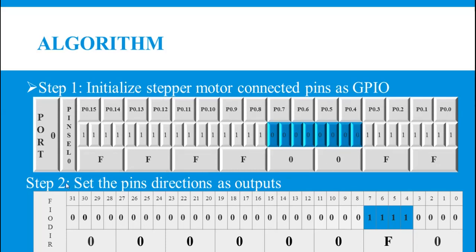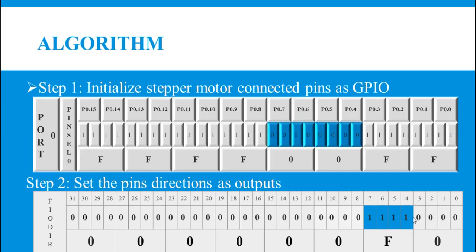Now after configuration of the selected pins as GPIO, you have to set the direction. Here all 4 pins are output pins. Thereby you have to use the FIO fast input output direction register to set the direction of those 4 pins as output. So the corresponding register positions are 4, 5, 6 and 7.